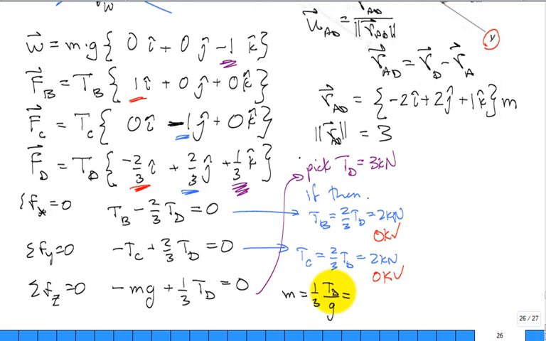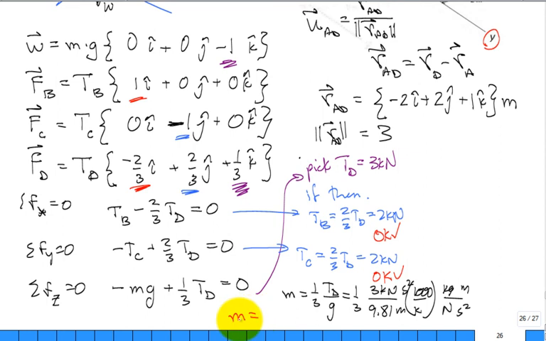And so the tension in D, let's do it, 1/3 of 3 kilonewtons divided by 9.81 meters per second squared. And a kilo is 1,000. Don't mess up your units. And a newton is a kilogram meter per second squared. And so that will give us a mass. Somebody have a calculator?